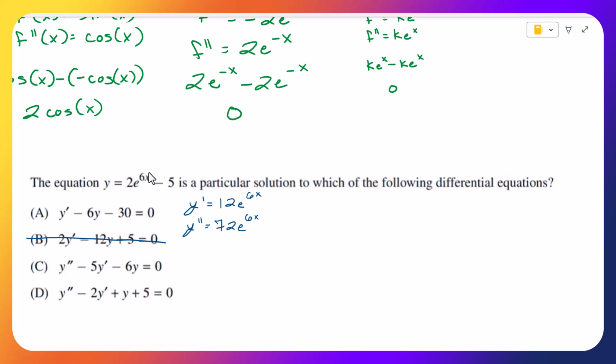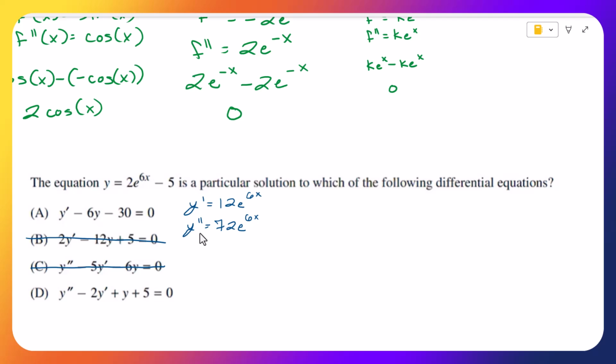And that's just going to be positive 30, but there's no minus 30 here, so I already know C is wrong. So I can cross that one out. And finally, looking at D, we have y, our constant is negative 5 plus 5, that would be 0. So that's possible. So just looking at our constant, we can eliminate 2 of these things before I do anything else. And I did that because my y prime and my double prime don't have any constants. So this is sort of a testing strategy that I'm using.